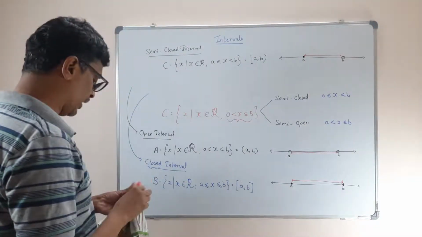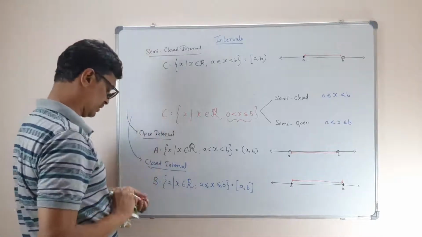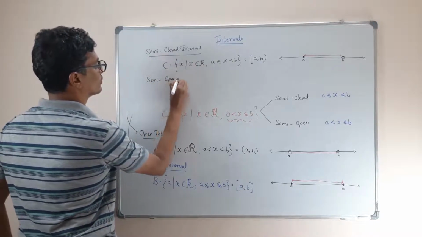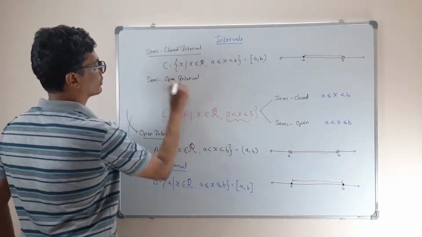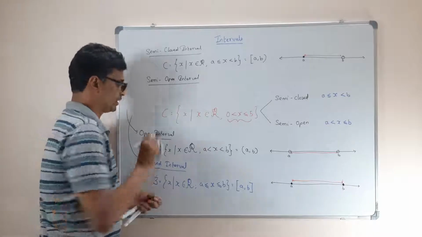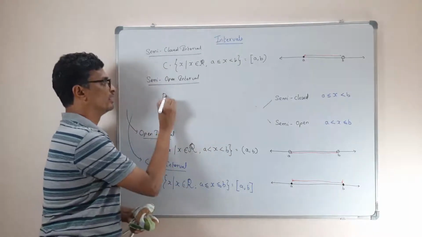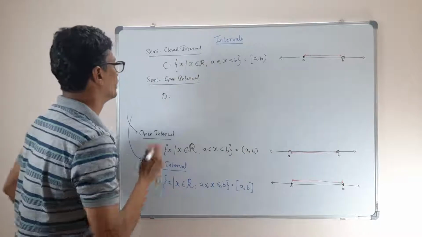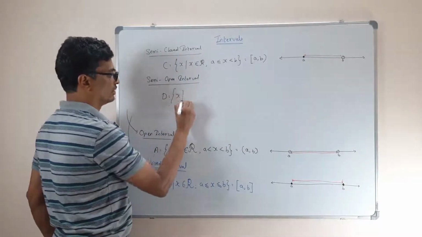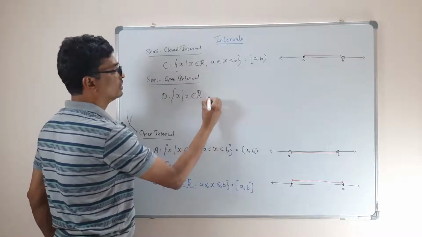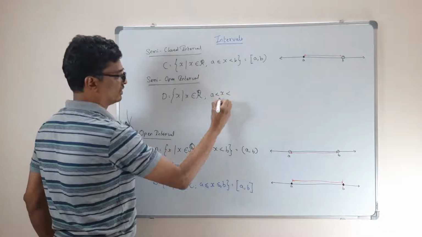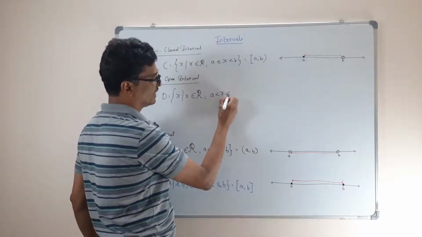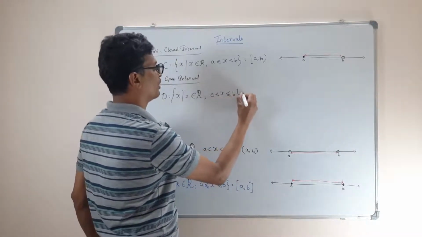Now can you tell me what semi-open is? Let me call it D. D is the set of X such that X is an element of real numbers, X is greater than A and X is less than or equal to B. How do you represent it in symbolic form?